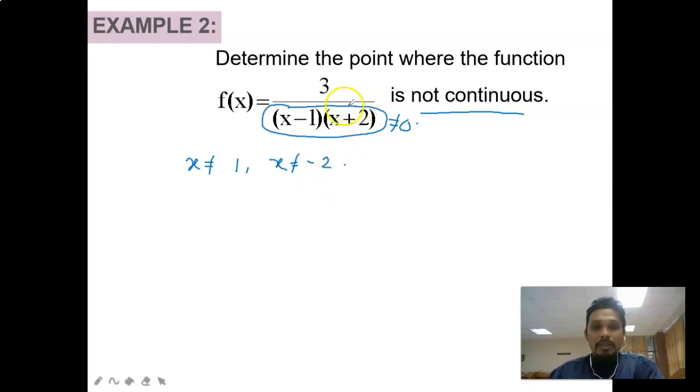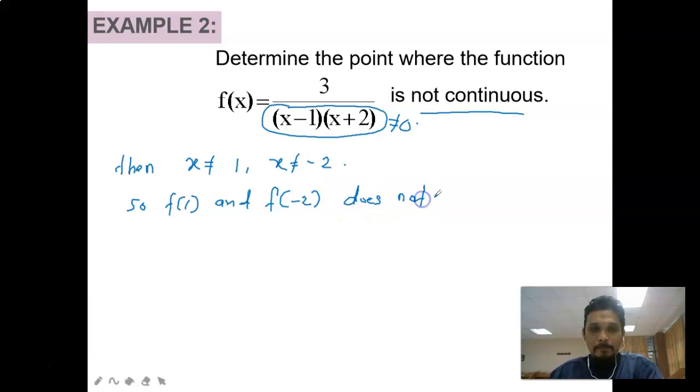Okay, the function's denominator cannot be equal to 0, then x cannot be equal to 1, x cannot be equal to negative 2. So then f(1) and f(negative 2) do not exist.